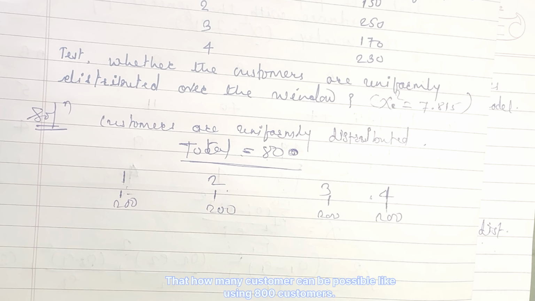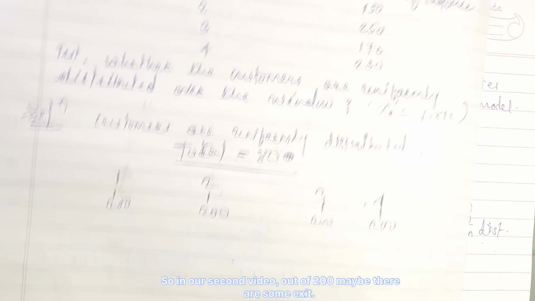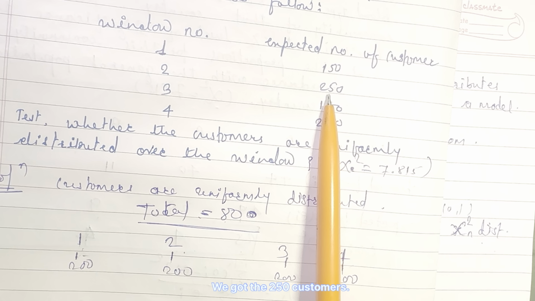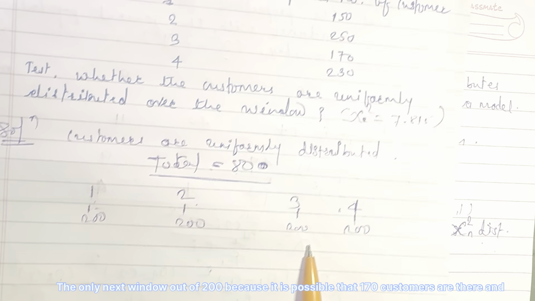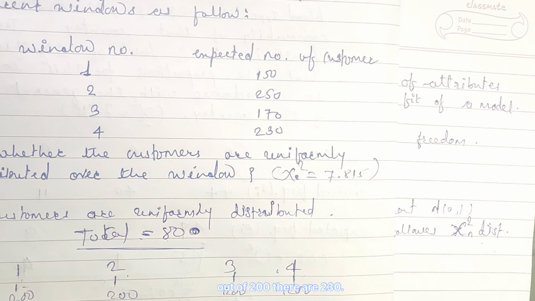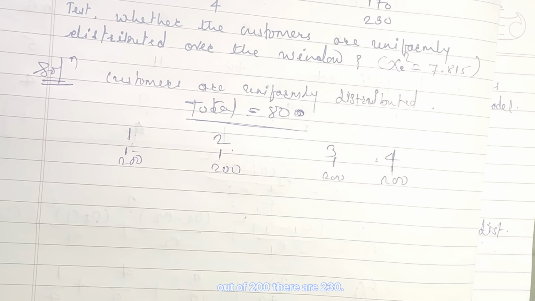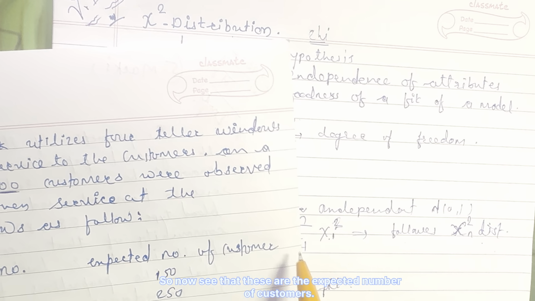How many customers can be possible using 800 customers? In our second window, out of 200, maybe we got 250 customers. Again in the next window, out of 200, it is possible that 170 customers are there, and out of 200 there are 230. So now see that these are the expected number of customers.